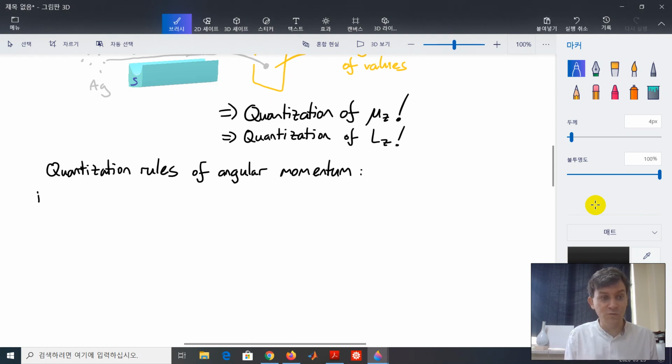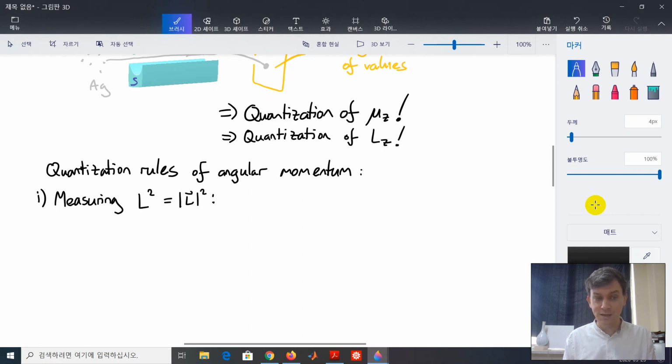The first is for measuring the total angular momentum, the length of the angular momentum vector. This is usually given by the symbol L squared. Classically you can think about this as the length of the vector squared. Quantum mechanically this is not quite right, and I will explain why later on in the video. But let's suppose you do an experiment and you measure the total strength of the angular momentum, the length of the vector.